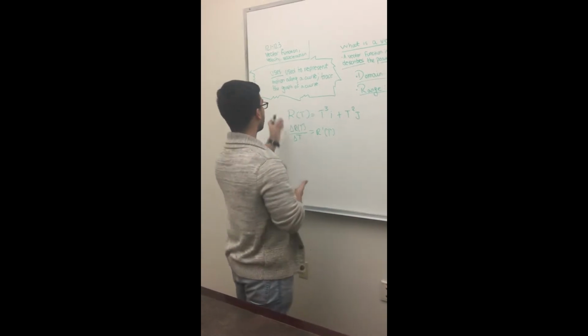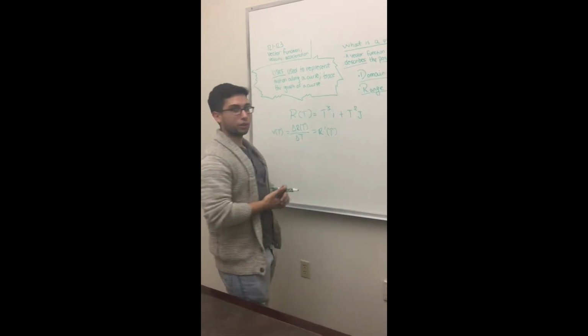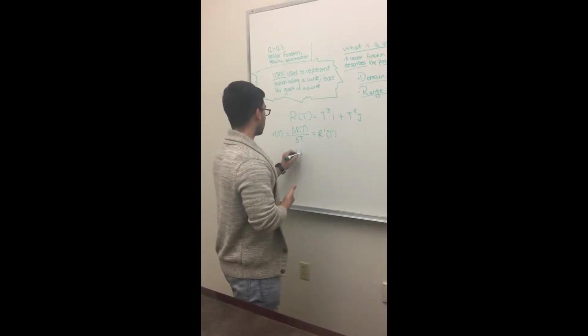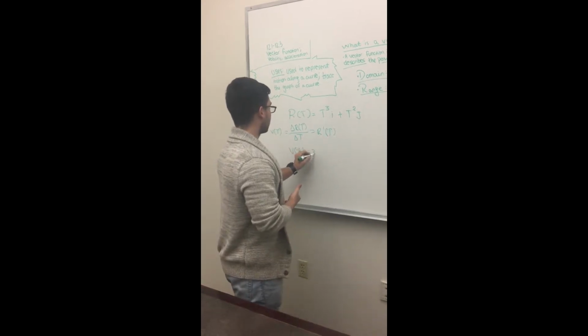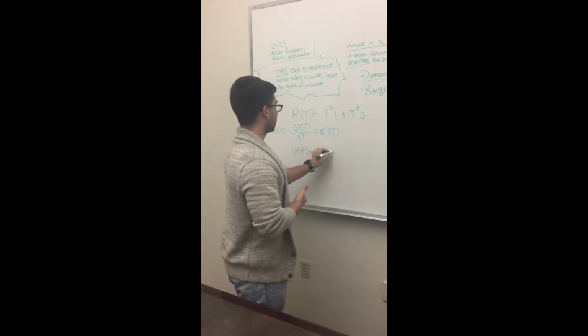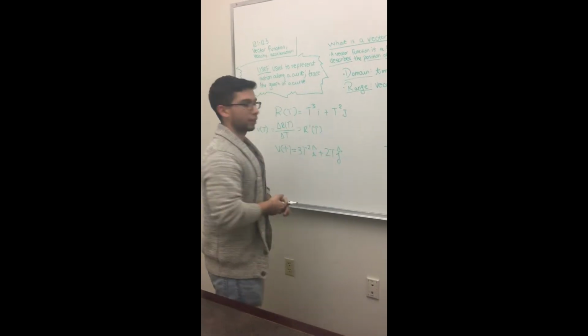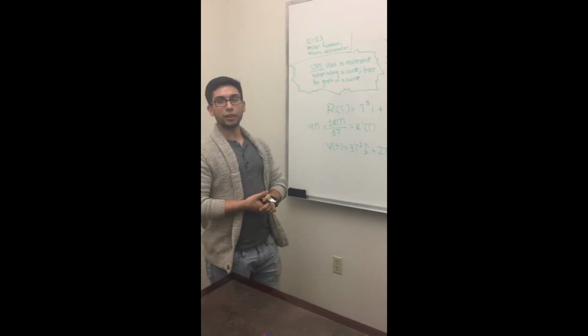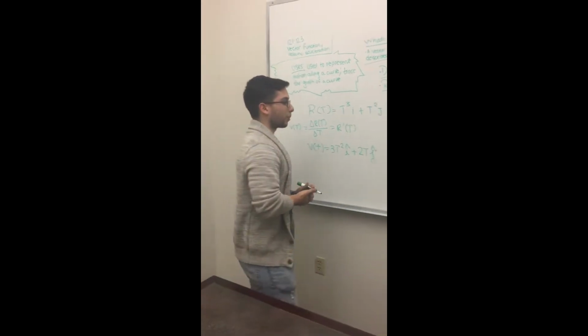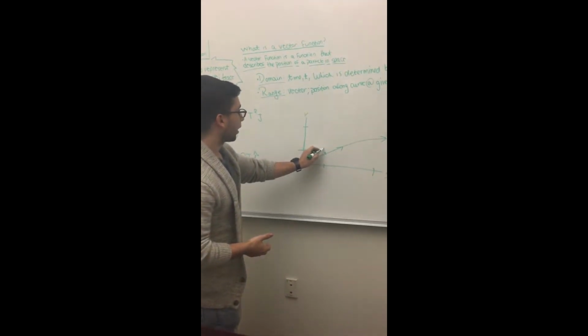An example would be if we start with this position function and we take the first derivative, we get 3t squared i plus 2tj.